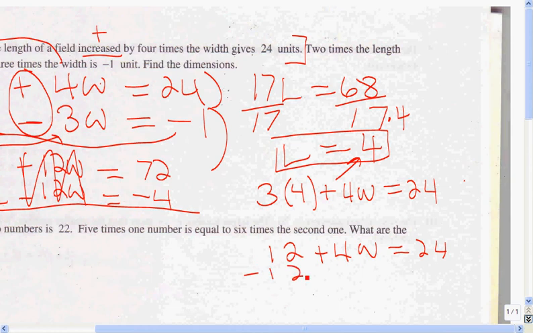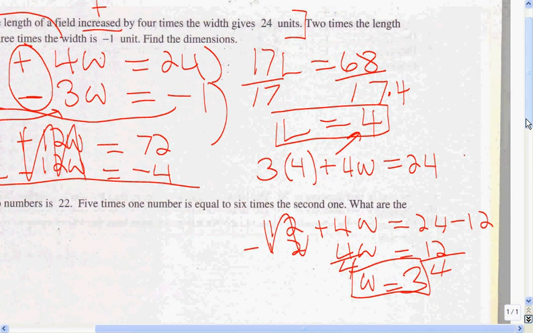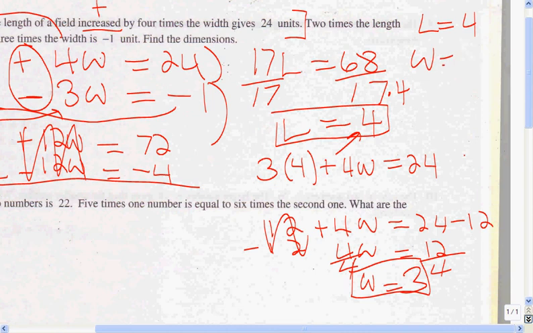We'll subtract 12 from both sides. So 4W equals 24 minus 12, which is 12. And 12 divided by 4 equals 3, so W equals 3. So my answers are L equals 4, W equals 3.